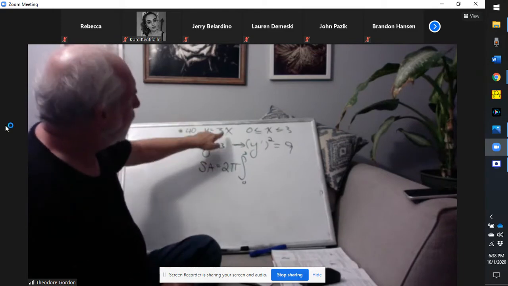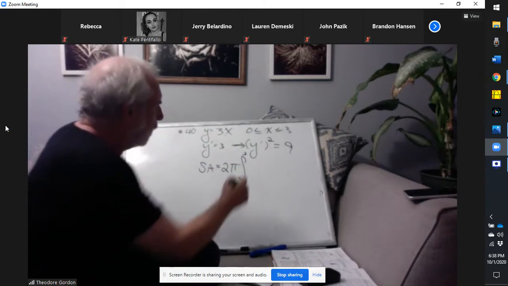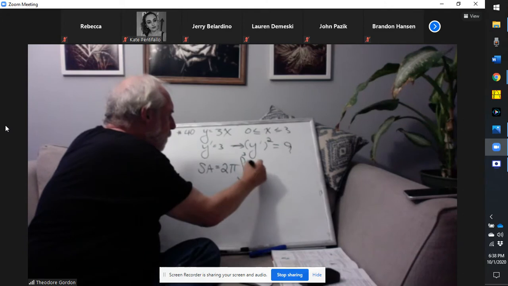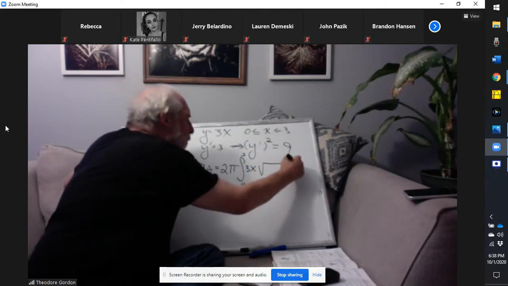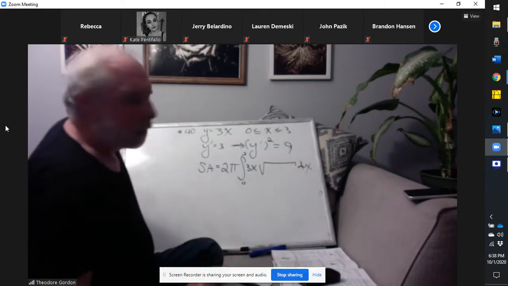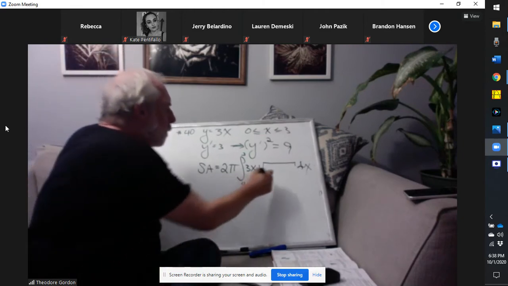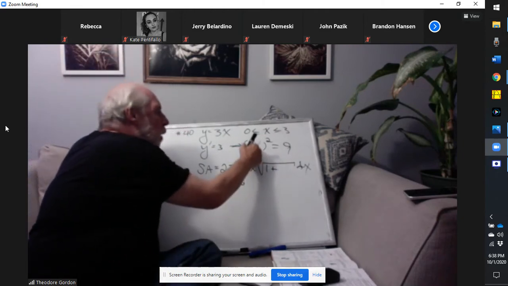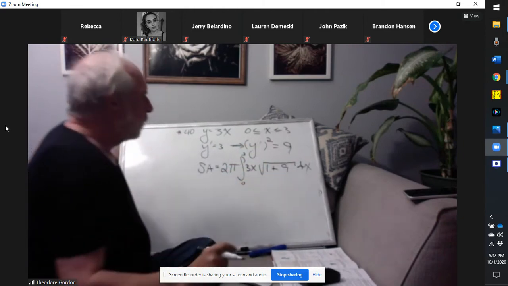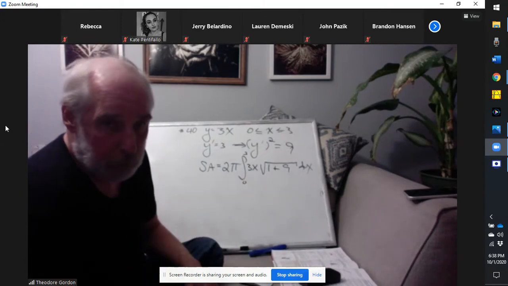In the surface area formula, the function goes here. And then we use the square root from the arc length thing, and the square root is 1 plus y prime squared. So there's the setup for the integral.